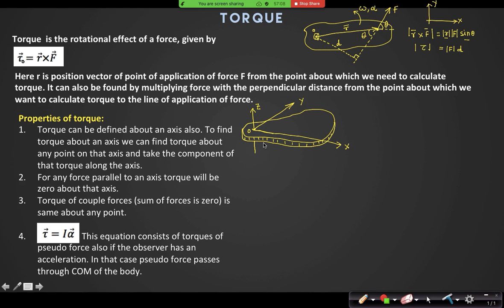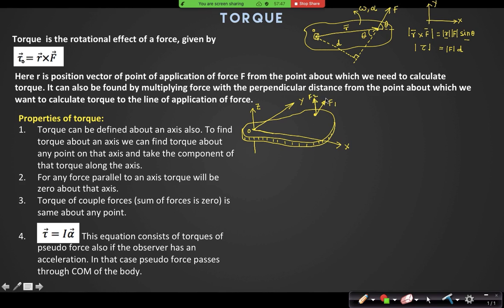XYZ axis. Now suppose I am applying a force here. A force can be applied in two different ways. Suppose I have applied a force like this, or suppose in this direction. This force is F1 and this force is F2.